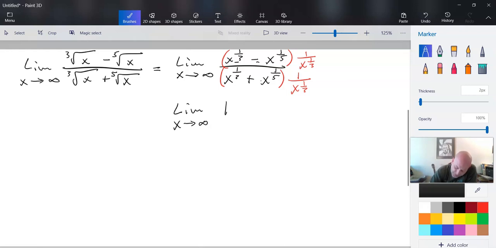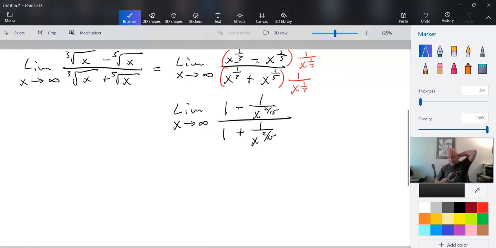Here I end up with minus x to the 1/5 over x to the 1/3, which means I'm subtracting the exponents, so this is now 1 over x to the 2/15. Now, down here in the denominator, when I multiply this through, I get the same thing. I get 1, but it's plus 1 over x to the 2/15.